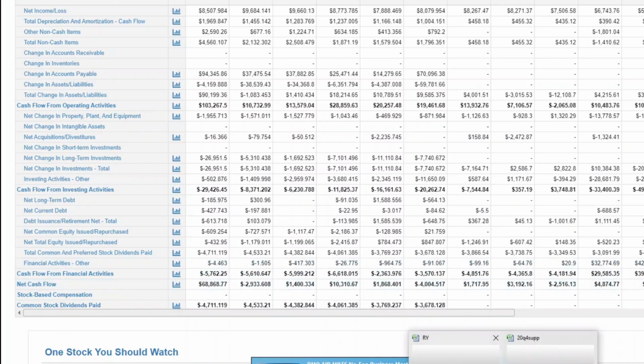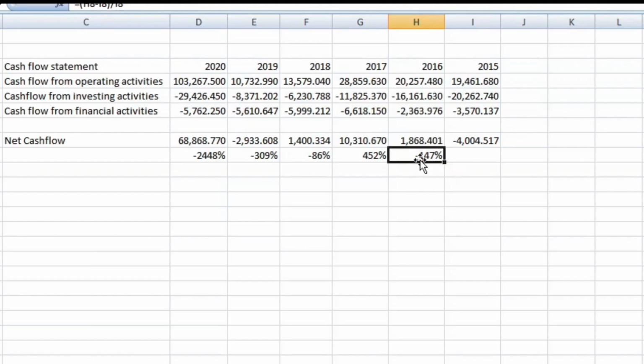Now I had put this in an Excel file. The company lost 147%, but then it grew by a staggering almost 500% in 2017, but then lost in 2018. The net cash flow is negative. Therefore, there is more money going out of the company than coming in.